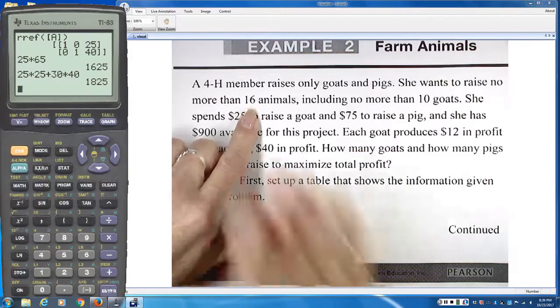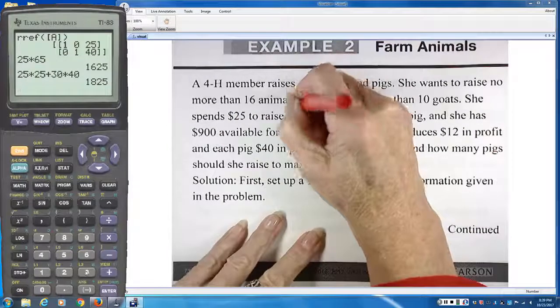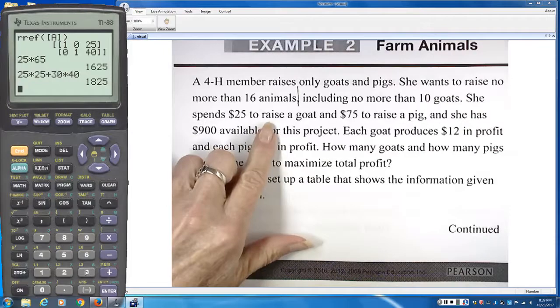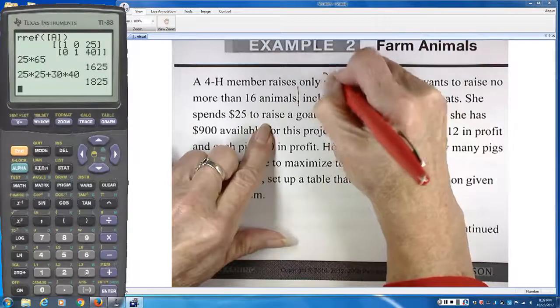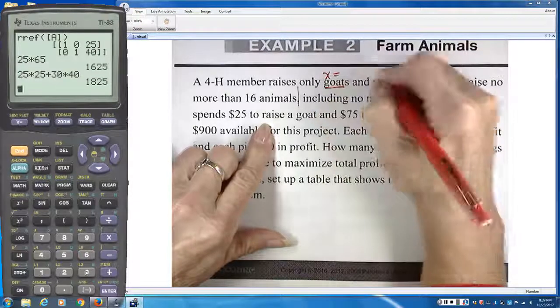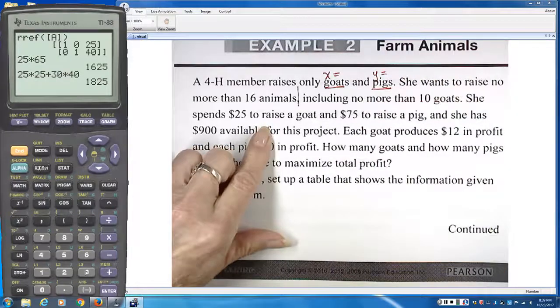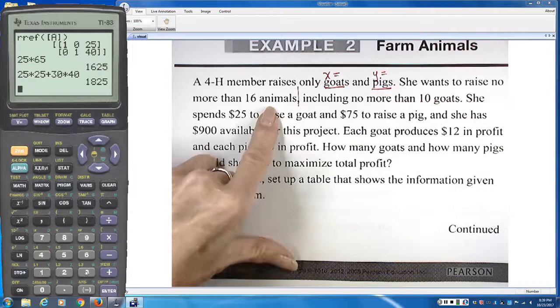Now, without going any further than that, we're going to stop right there. What do you think your variables are going to be? X equals goats. Y equals pigs. Okay. What does she wants to raise no more than 16 animals tell you?